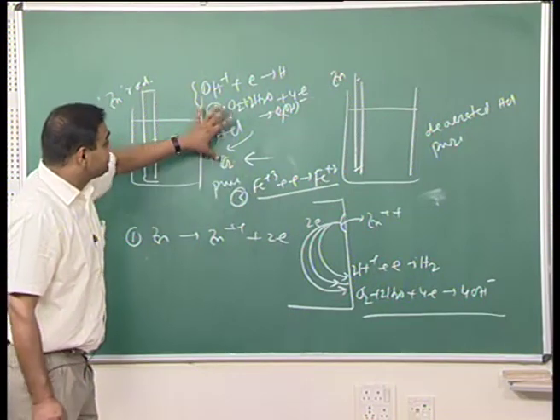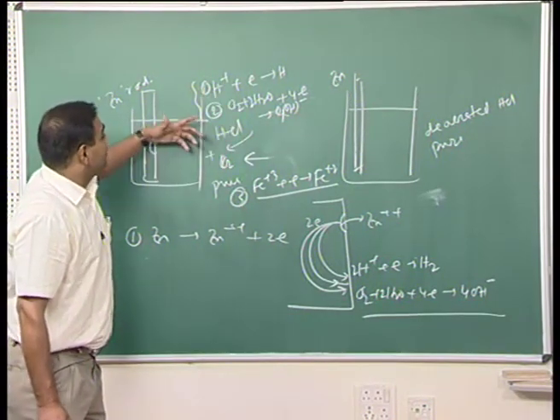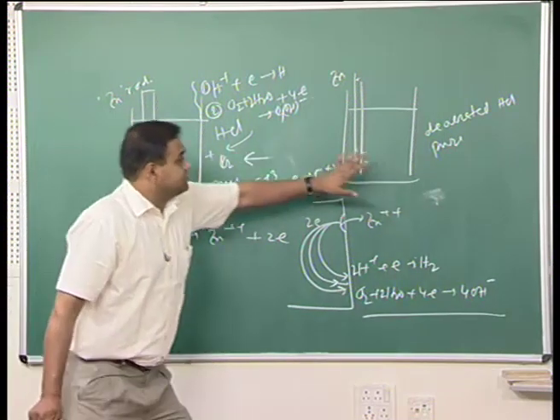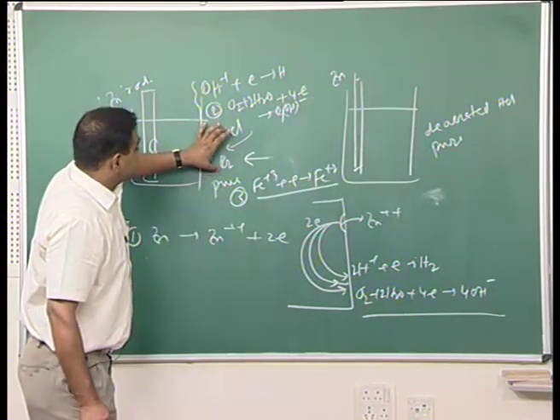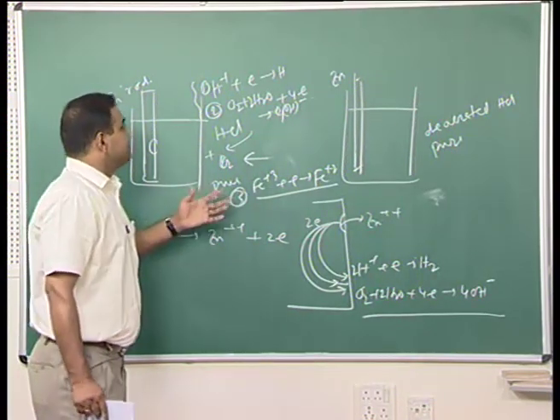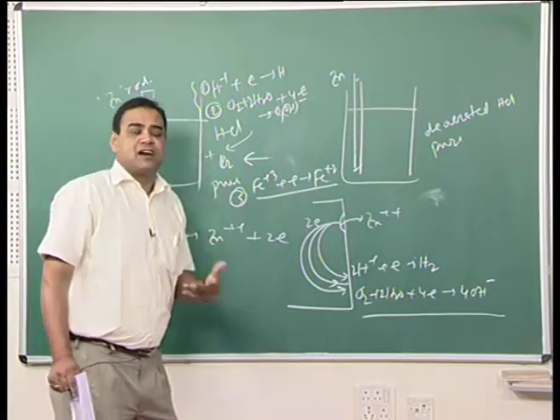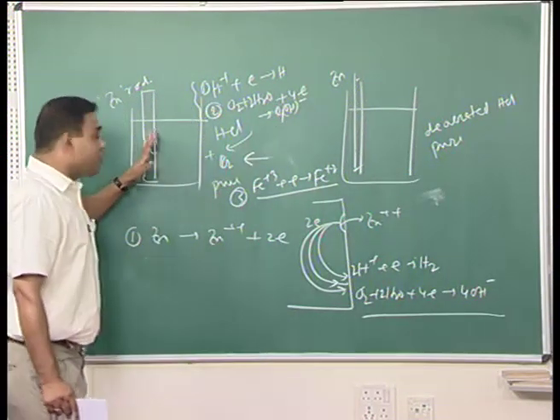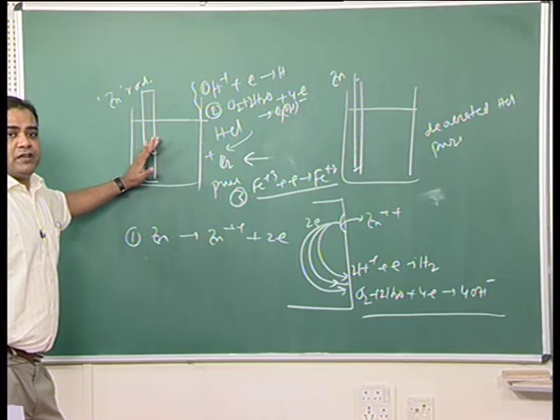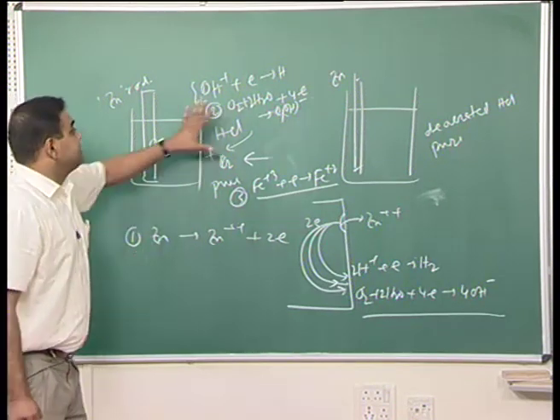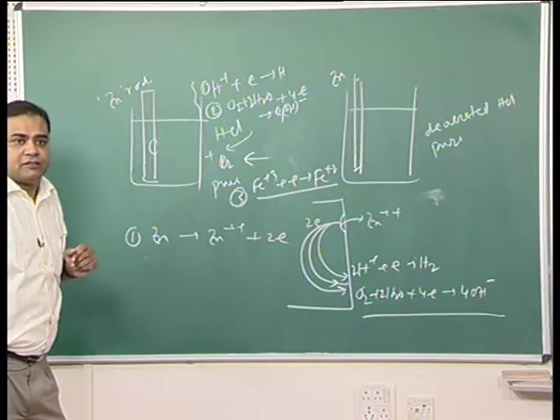So, that means you see why you think that there is increase in corrosion rate as you go from this to HCl plus O2 and then HCl plus O2 plus Fe plus 3, because there has to be charge balance. Now, the charge balance is basically leading to more and more corrosion in the zinc in order to supply that greater number of electrons that are needed for cathodic reaction to take place.